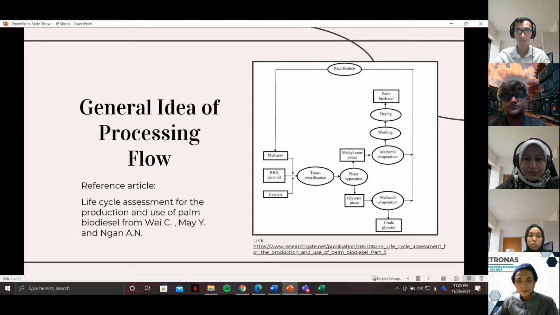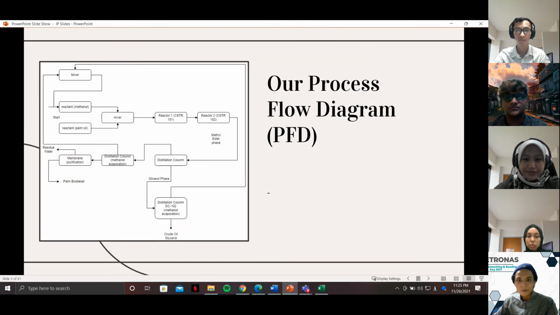From this reference, we have our own process flow diagram. It starts with a reactor, but before that, the feed enters a mixer to ensure perfect mixing. Then it enters 2 reactors, which we use CSTR, and then 1 distillation column, which will separate to distillate and bottom product.